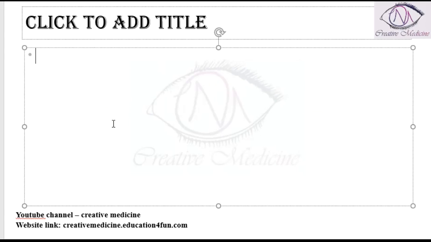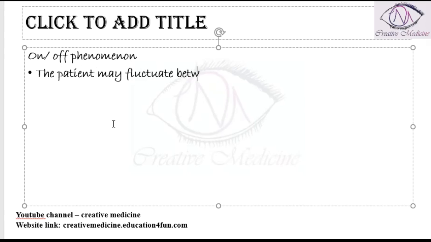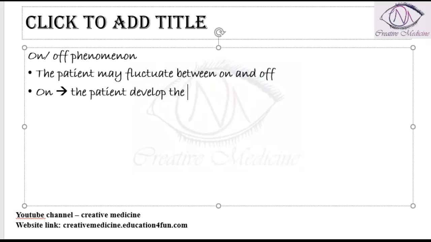There is also the on and off phenomenon. What is this on and off phenomenon? In this, the patients may fluctuate between periods of on and periods of off. So what does that mean? If the patient is in the on state, the drug is present, so the patient will develop the side effects of levodopa.